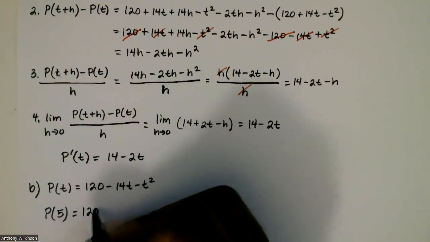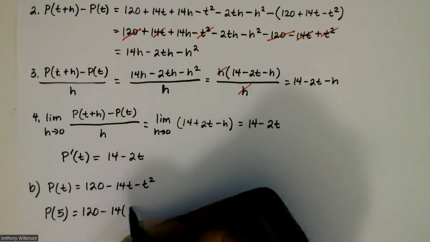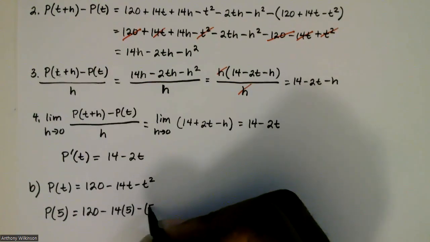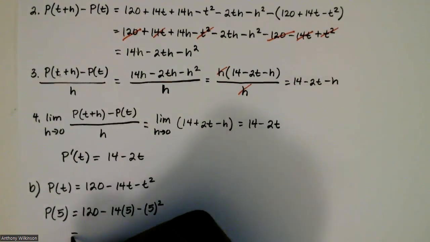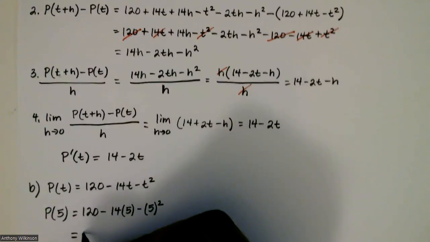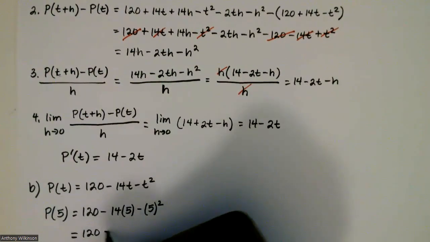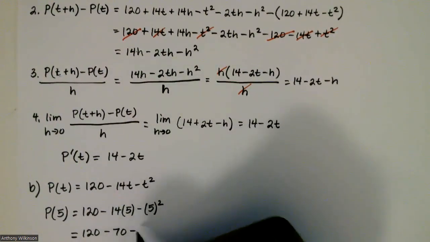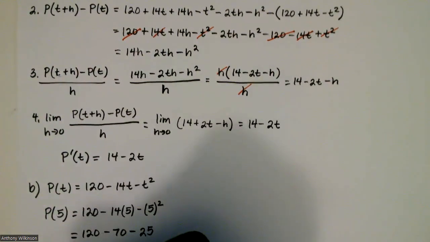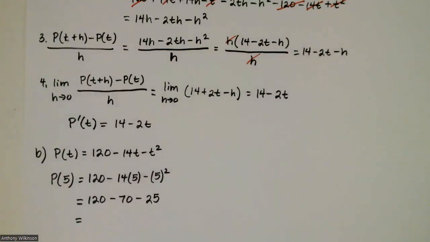So it'll be 120 plus 14 times 5 minus 5 squared. So this would be 120 plus 14 times 5, that's 70, minus 5 squared will be 25. So 120 plus 70 minus 25 ends up being 165.